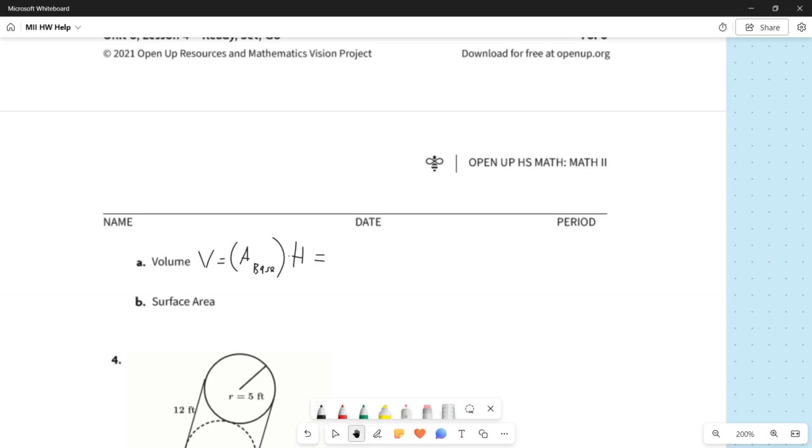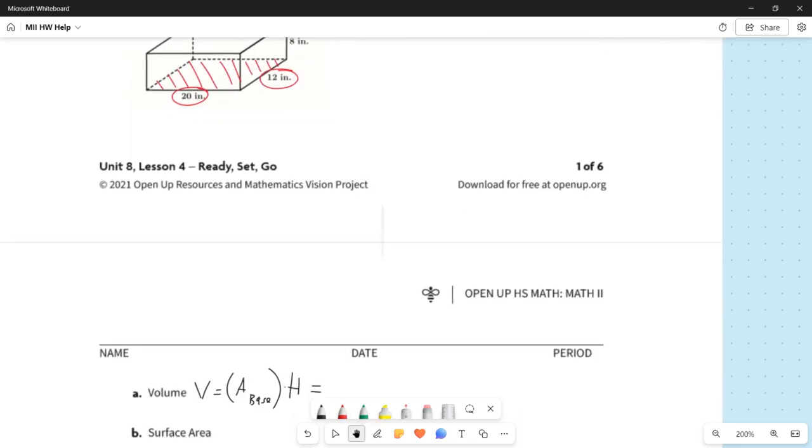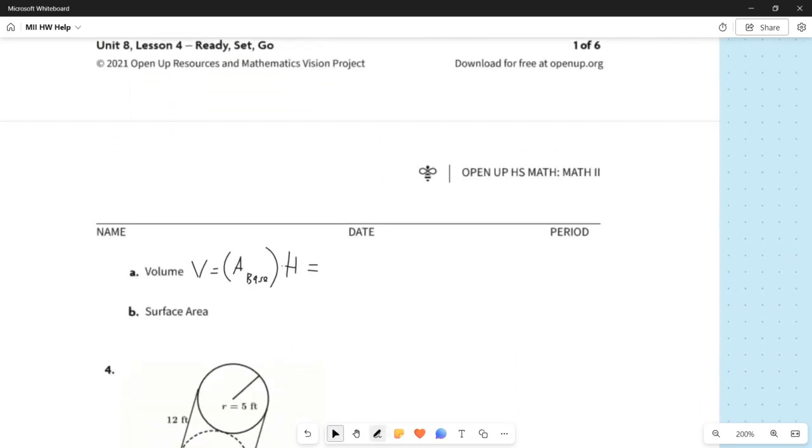If we take a look up at our picture, my base is a rectangle that has dimensions of 20 and 12. So 20 times 12 is going to give me the area of my base.